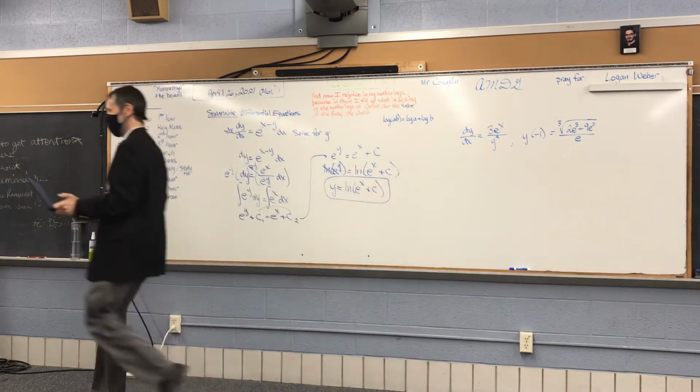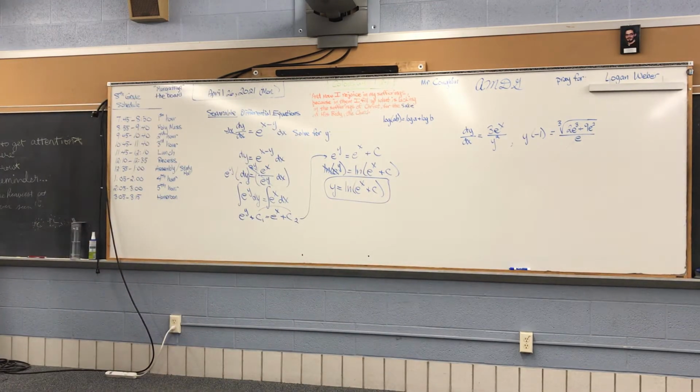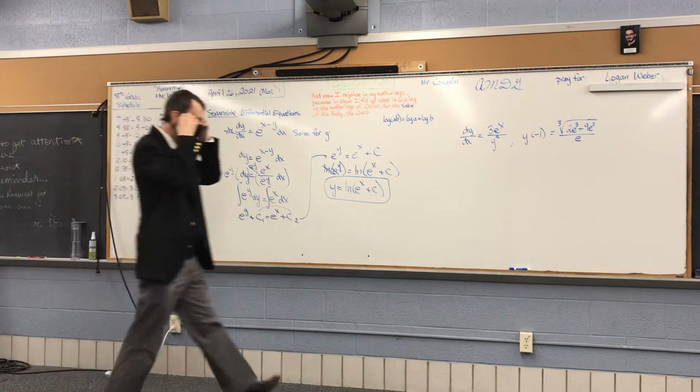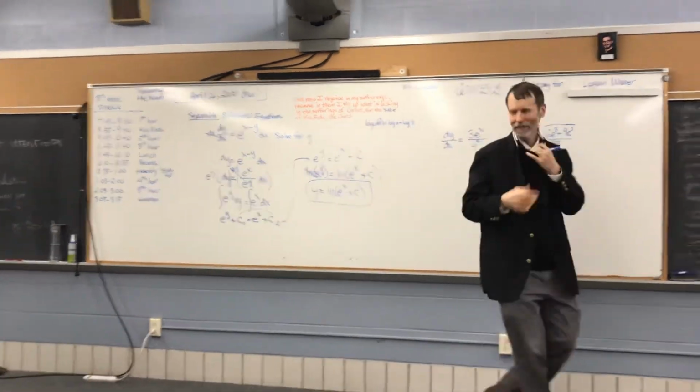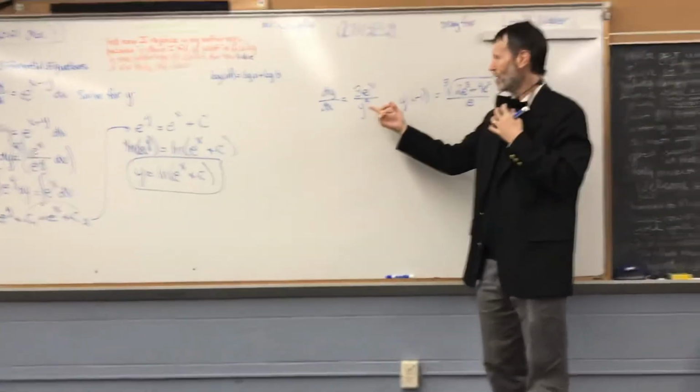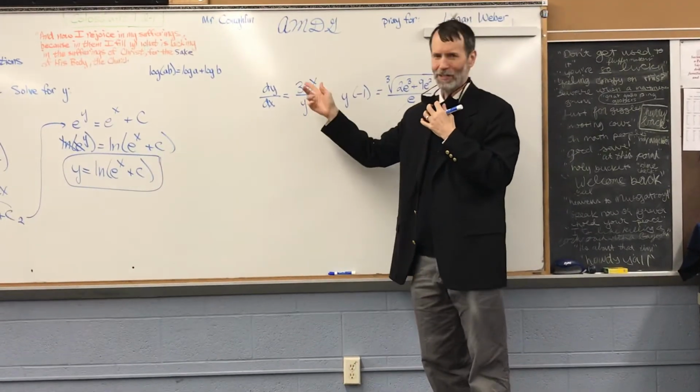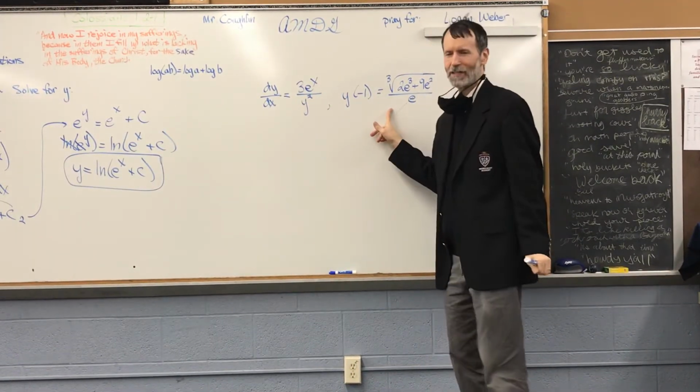The normal reaction to that right-hand side is, I need the facial expression too. You look at this part and you say, yeah, I guess we can get dy dx.